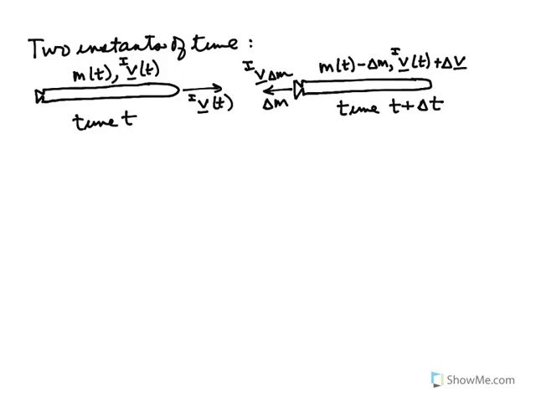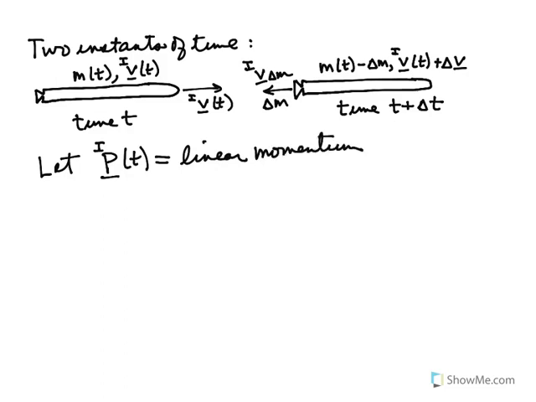So we have to do a momentum balance, which means we have to look at the linear momentum. Let p I of t be the linear momentum of the vehicle. At time t that is equal to m of t times vi of t.